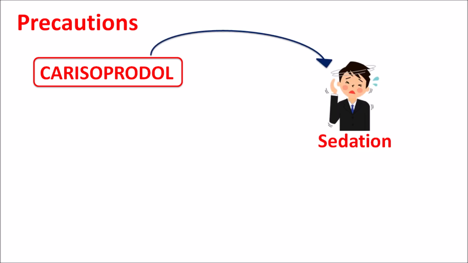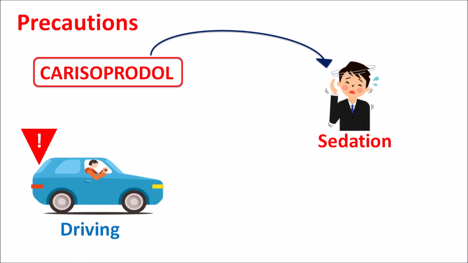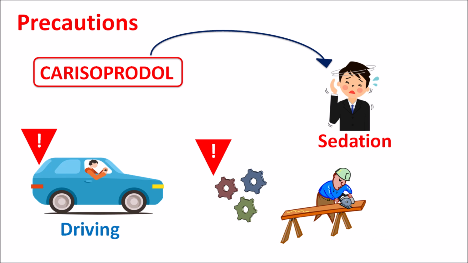Now let us see the precautions. One of the important precautions of Carisoprodol is that since it is acting centrally and activates the GABA A receptors, it can produce sedation as one of the important side effects. So when this drug is indicated as muscle relaxant, it can produce some sedation and drowsiness, which can impair the daytime activities such as driving vehicles or working with machinery. Care should be taken.